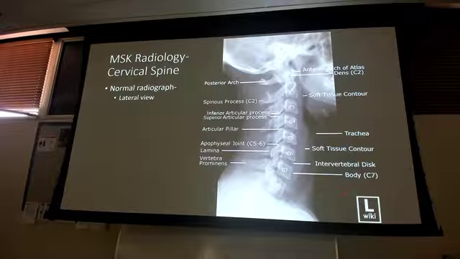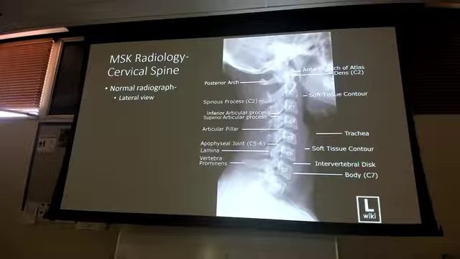This is rare. Most of the time T1 is obscured, and sometimes that C7-T1 disc space is obscured, especially in your really muscular patients or your really large patients. They can't get those shoulders down because the x-ray is coming in this way. So if I've got a bunch of shoulder here and I can't get the shoulder to press down, all the radiation is going to go in there, and I'm not going to be able to see a lot of this.